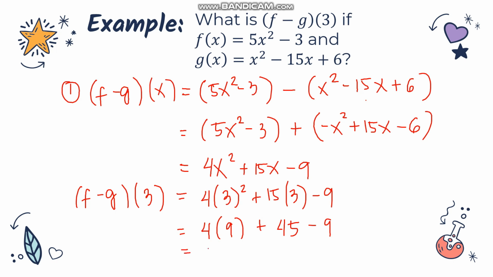So we have 36 plus 45 minus 9, which is just equal to 72. So f minus g of 3 is equal to 72. Now if you do the second method, which is to evaluate first the two functions separately and then subtract them, you should get the same answer, which is 72.